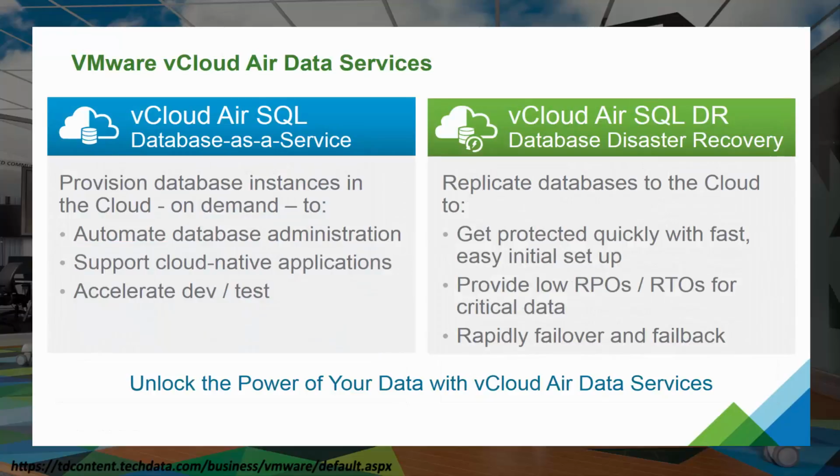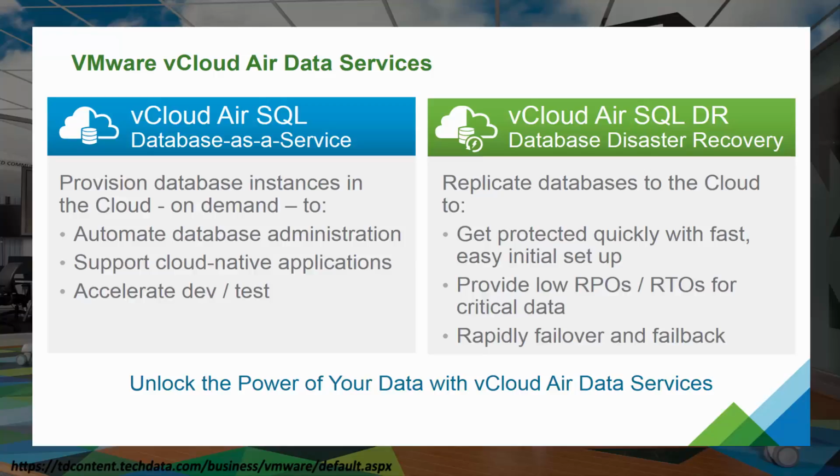VMware is announcing a new enterprise-class database as a service offering, which stemmed from the acquisition of the company Continuent. vCloud Air SQL provides customers with easy access to scalable cloud-hosted relational databases. This service offers managed database instances with automated administrative capabilities to free organizations to focus on their business priorities.